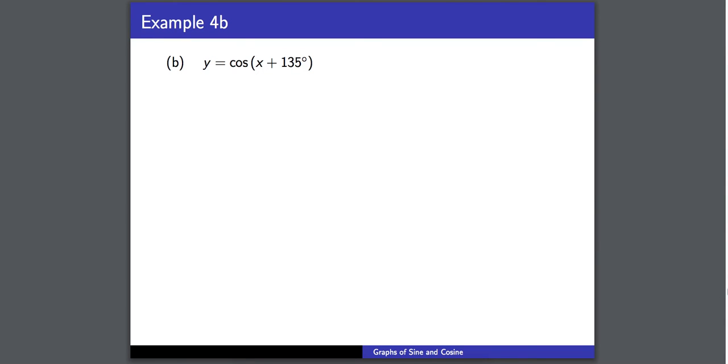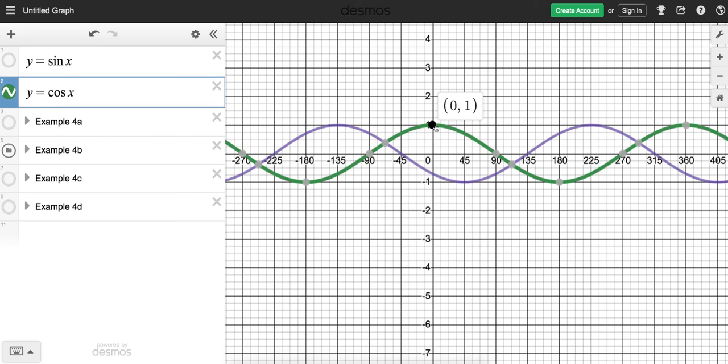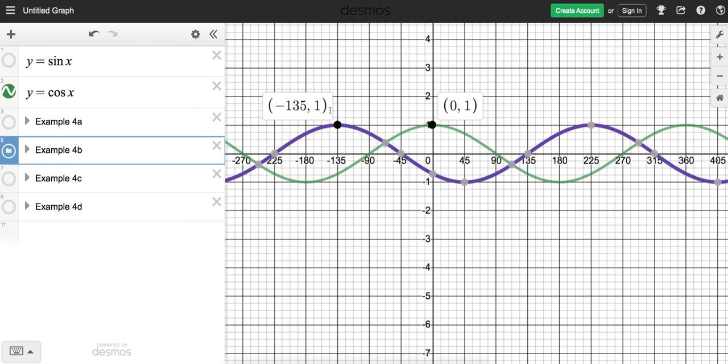All right, next up, example B, we have y equals cosine of x plus 135 degrees. Notice again, the plus 135 is inside parentheses. So if we take a look, here's our cosine graph normally. And here's cosine of x plus 135 degrees. So notice where we had the top at 0 originally, now the top is at negative 135 degrees, and that got moved to the left.